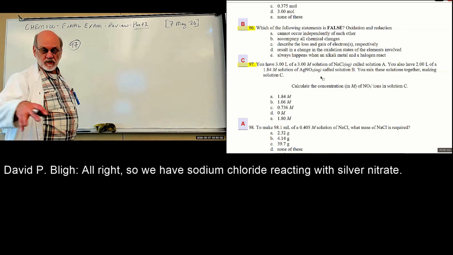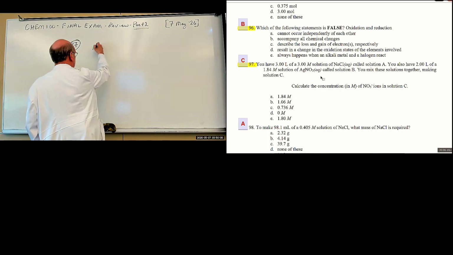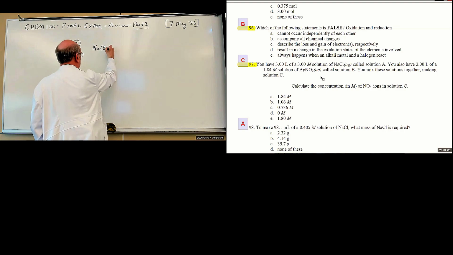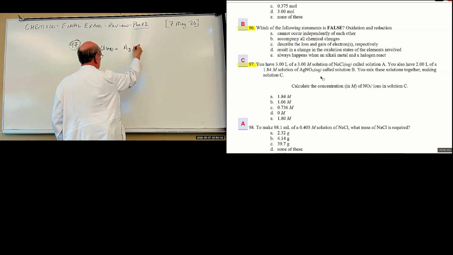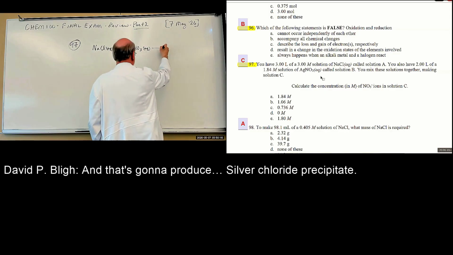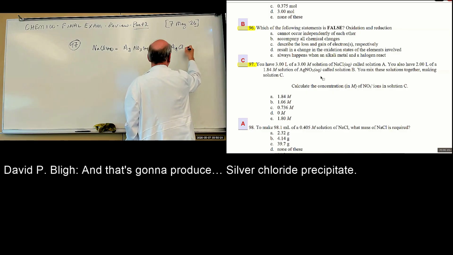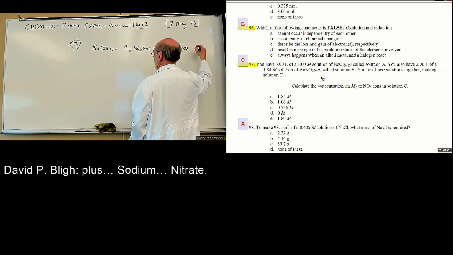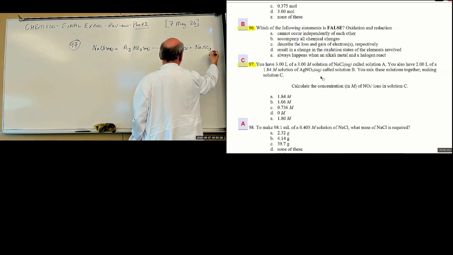All right, so we have sodium chloride reacting with silver nitrate. And that's going to produce silver chloride precipitate plus sodium nitrate.